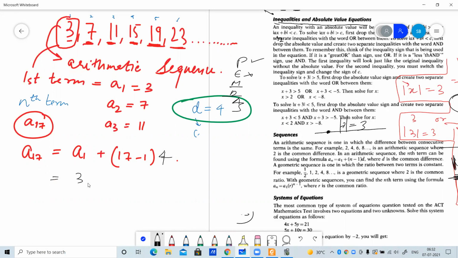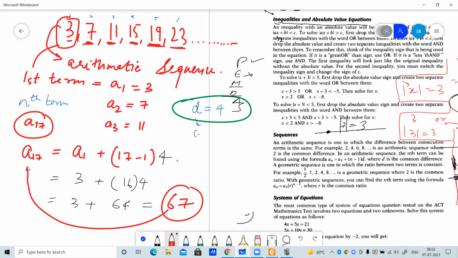Then plus 17 minus 1, so 16, times 4, the common difference. 16 times 4 is 64, and 64 plus 3 is 67. So the 17th term is 67.